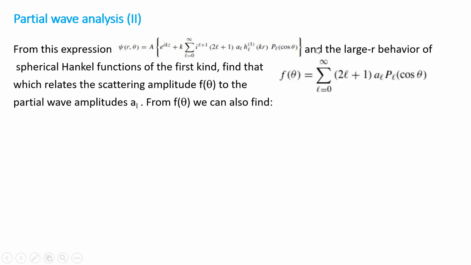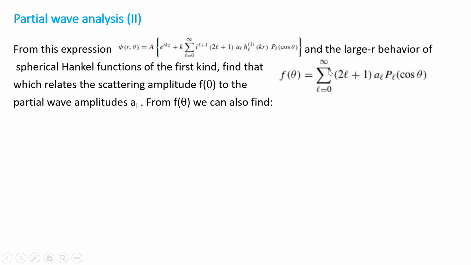From that expression and the large r behavior of spherical Hankel functions of the first kind, if we know what the A_L partial wave amplitudes are, we can deduce, by taking the limiting behavior at large r, what the scattering amplitude would be in terms of the A_L.